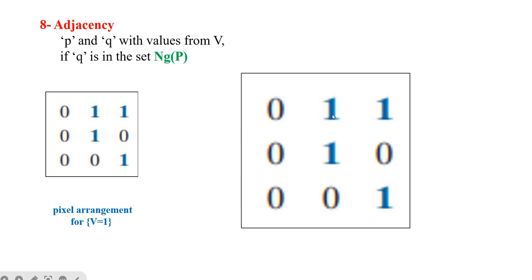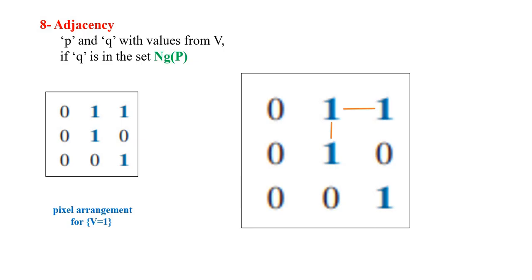This pixel can be connected to this pixel because its value is 1. These two can be connected. This is nothing but the 4 adjacency. Then again we can connect this to this, which is again the 4 adjacency.